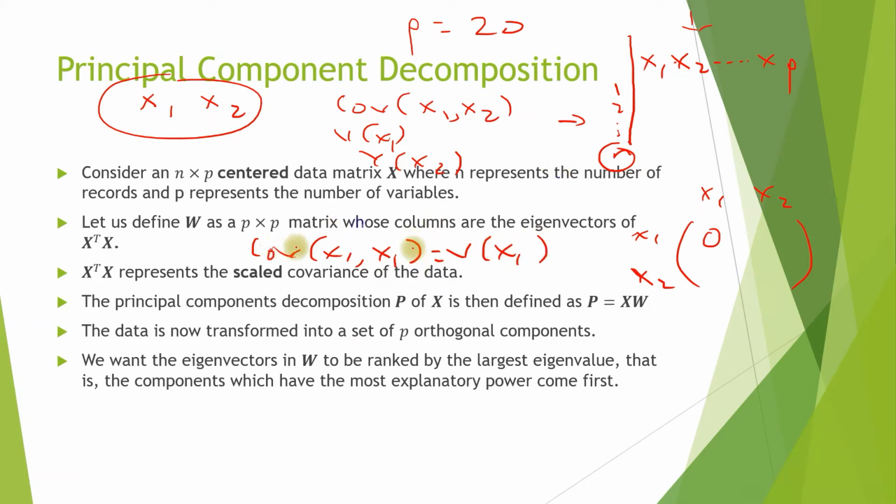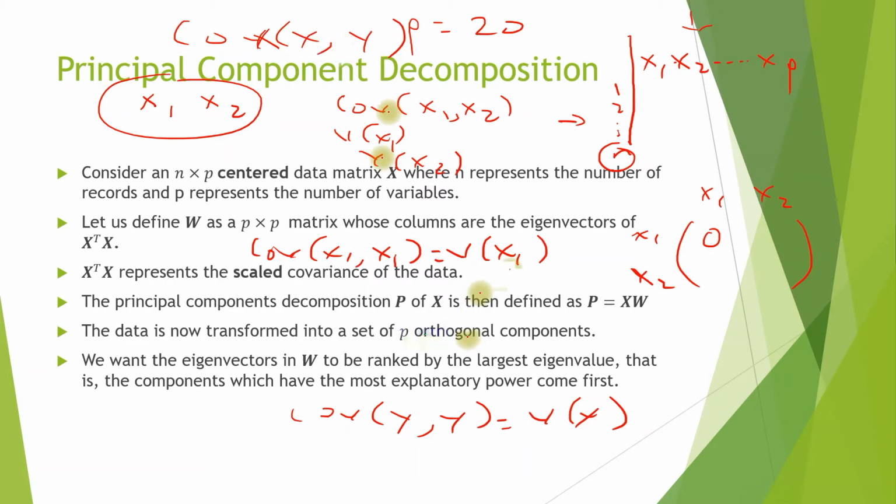Maybe I mentioned it earlier, but if I didn't, let me let you know that the covariance of x1 with itself is equal to the variance of x1. The covariance of y with itself is equal to the variance of y, all right? The covariance of x and y is a different thing. It's not equal to a variance, but the covariance of a variable with itself is equal to the variance.